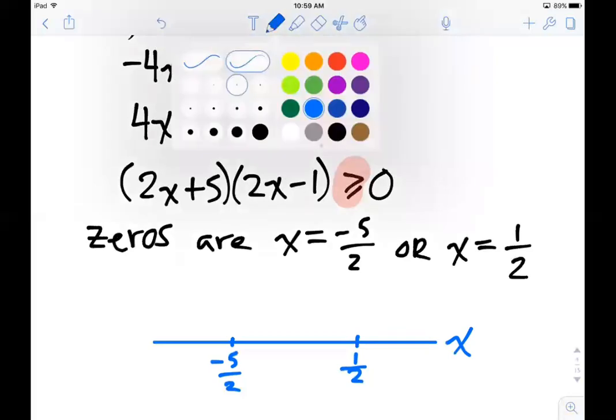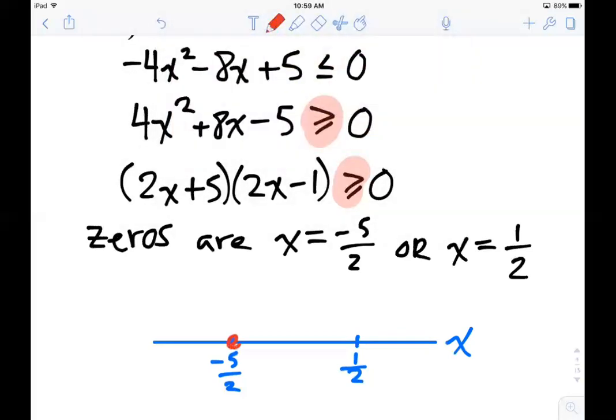And I'm going to put solid dots on each of them because in this case, it's actually okay for us to be equal to 0. But now from there, the rest of the x values that we want are on the outsides of those roots. So in other words, everything that's less than -5/2 and everything that's greater than 1/2 from there. So they go in that direction.